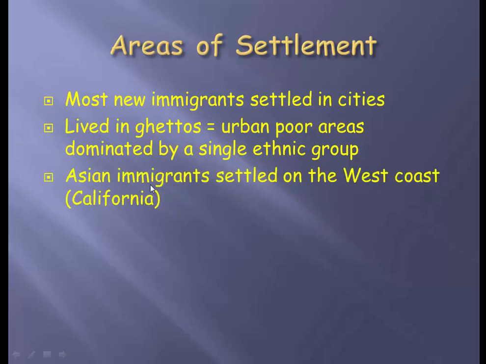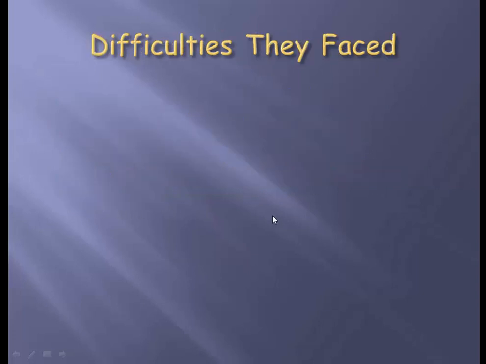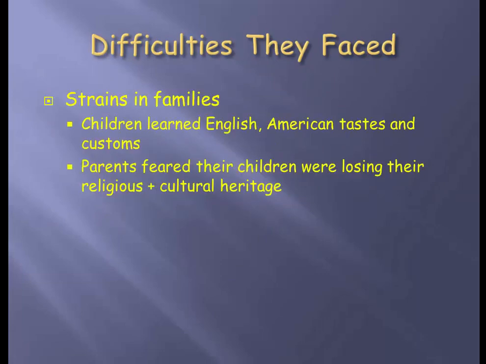Asian immigrants are not going to settle on the East Coast. They're going to settle on the West Coast in and around California, all right? These groups for sure experienced some difficulties. As we begin to look at them, they didn't come as whole families. They were really birds of passage, as they were called. So they came alone, and it really put a lot of strain on the families because you didn't have the whole family unit here.